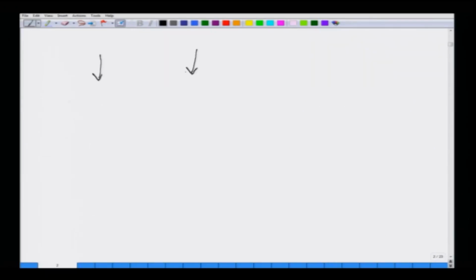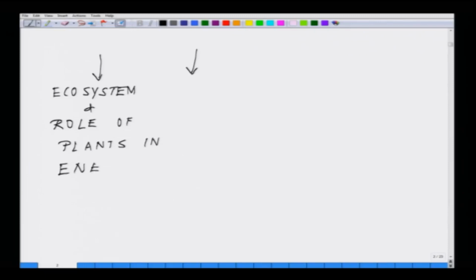First of all, we'll talk about the ecosystem and the role of plants in energy harvesting and transfer.